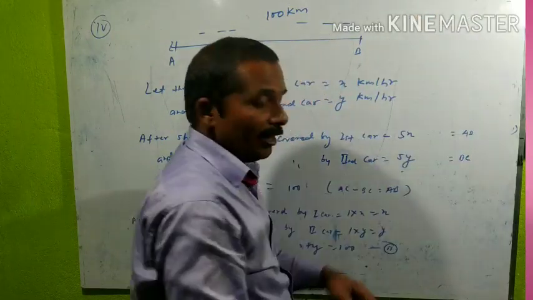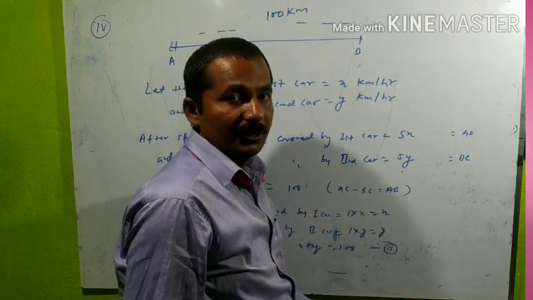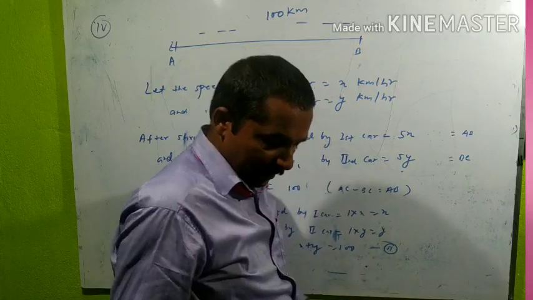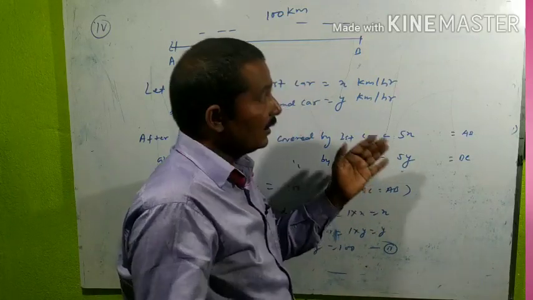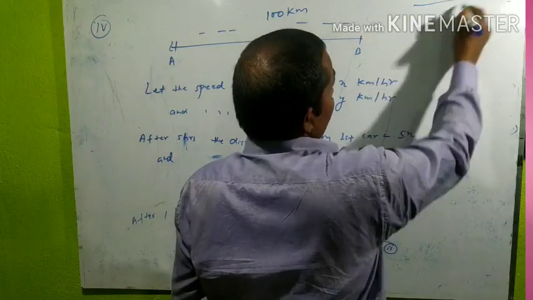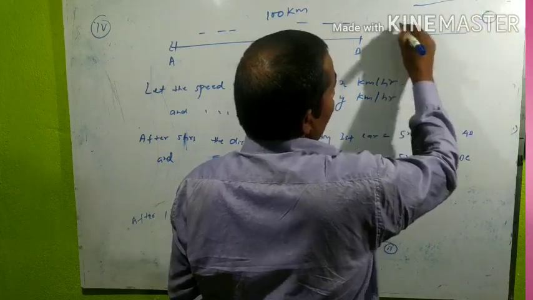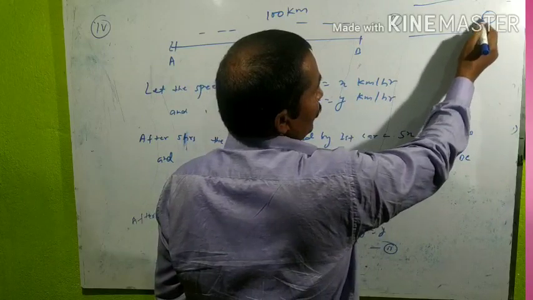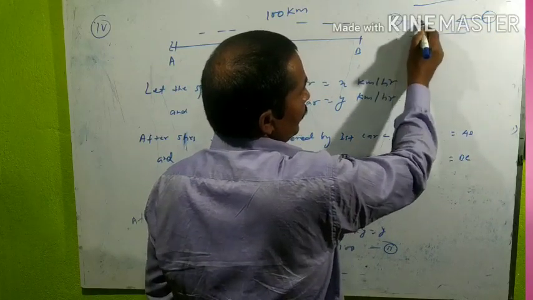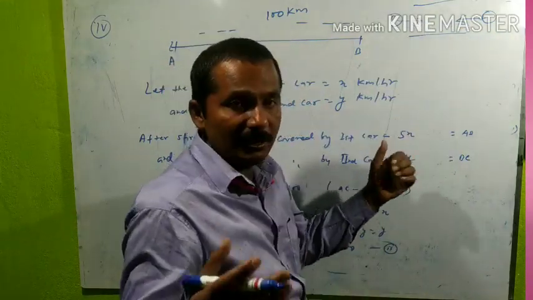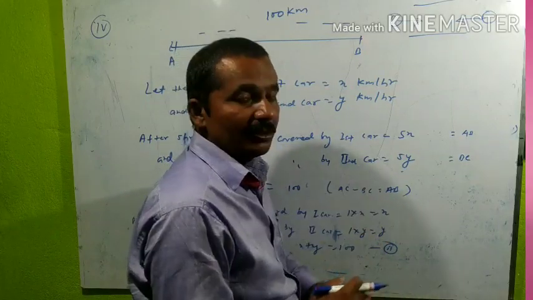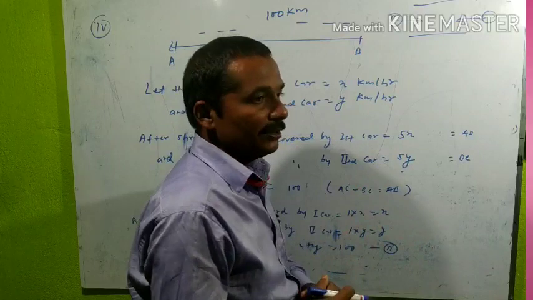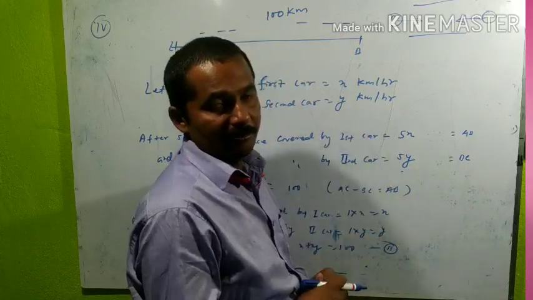And in the opposite direction means, look here, one car is here, one car is here, and one is moving this side and the second is moving this side, means they are moving in opposite directions. When they travel in opposite directions, no doubt they will meet each other in less time.